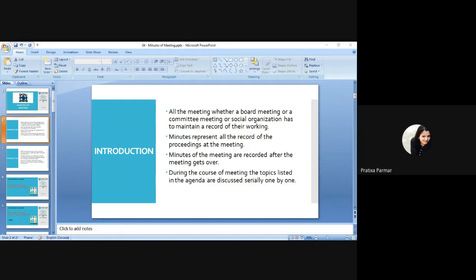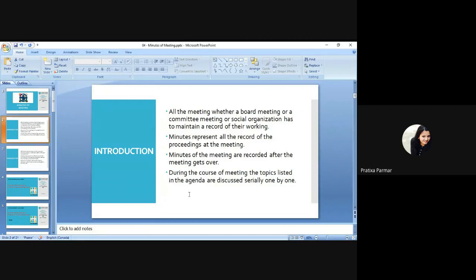So this document will help me to take follow-up of the things that I have discussed in the meeting with the other four people. That's why having proper documentation is very important.